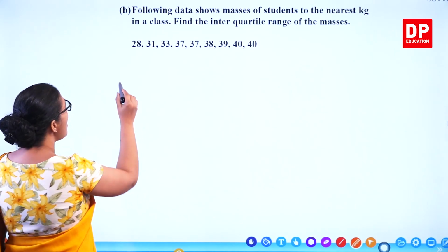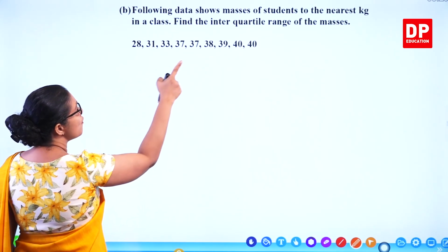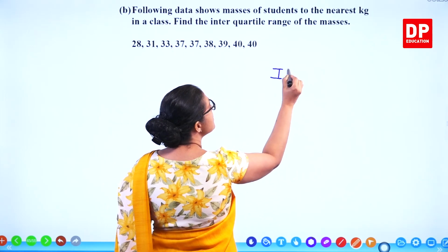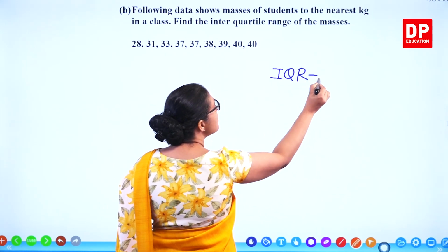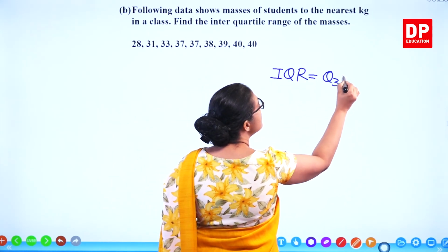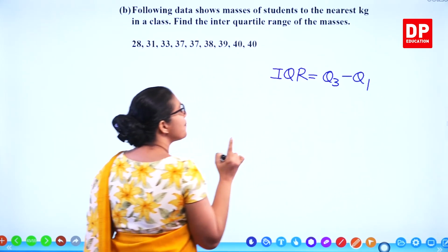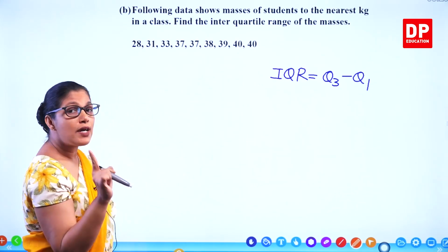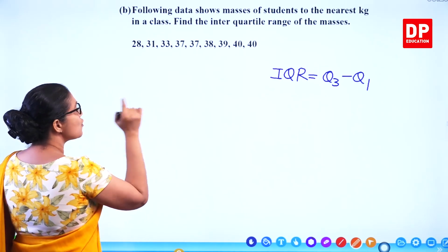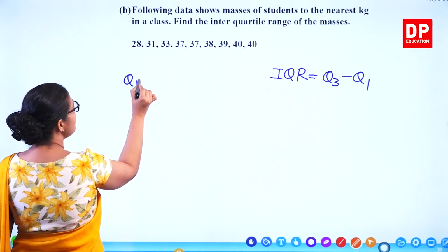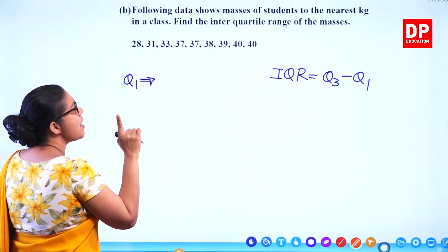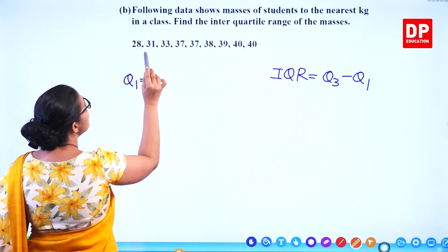So how do you find the first quartile? Now first you have to identify what is interquartile range. The difference between the third and the first quartile. So how do we find the third quartile? First we'll find the first one. We take n plus 1 divided by 4.